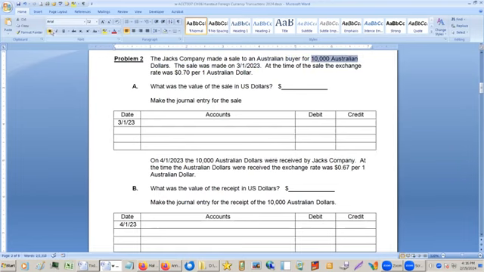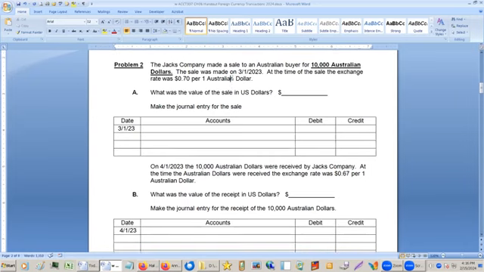Sometimes foreign transactions are done in US dollars and sometimes they're done in the foreign currency. If they're done in US dollars, there's no problem. There's no risk. If they're just going to buy these in US dollars, it wouldn't matter what the translation rate is. But because this is in Australian dollars, now we have to convert it.